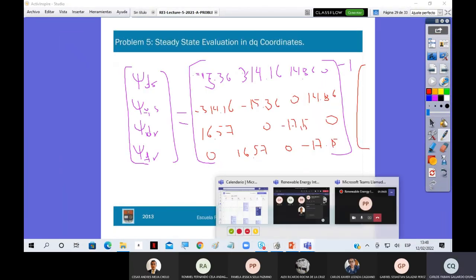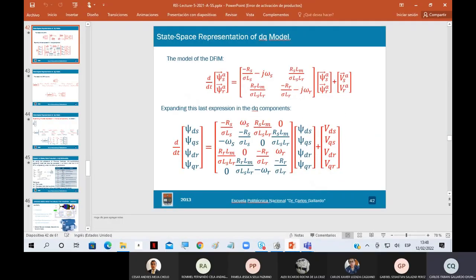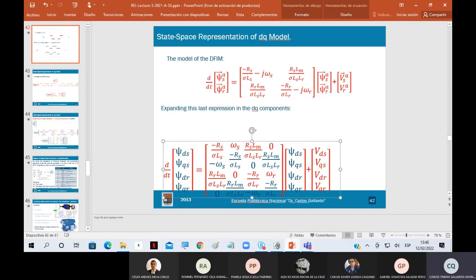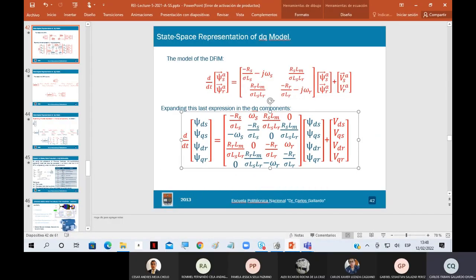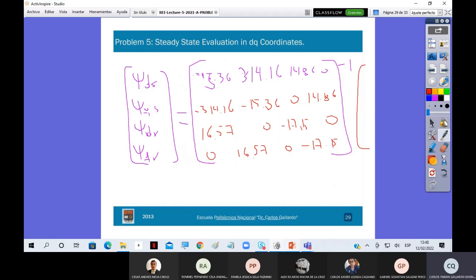Sorry. If this is 0, isolating this equation, I will have the inverse times the voltage. So I will multiply by the voltage. This is the direct axis voltage, and the quadrature axis voltage is data from the problem, 563.4.